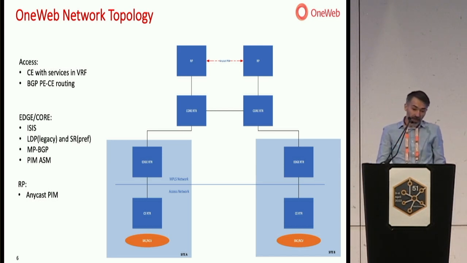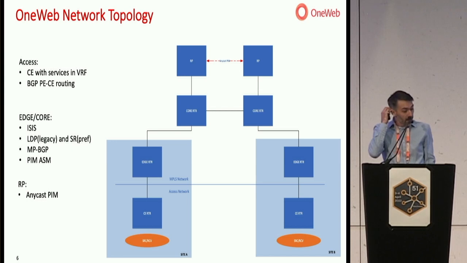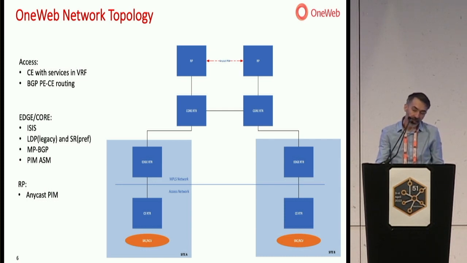So in terms of network, it's a standard IP network, nothing out of the ordinary here. We have two layers. We have the access layer, which is where the satellite communicates with the ground networks. Then we have the MPLS network, and it's like any other MPLS network. We have edge routers, we have core routers, and in the context of multicast, we have our RPs.